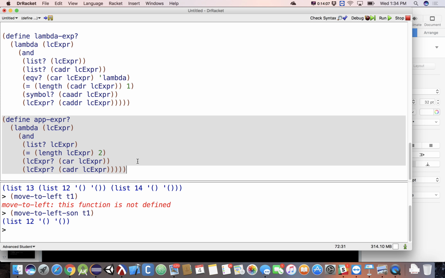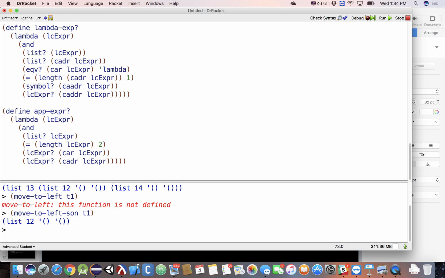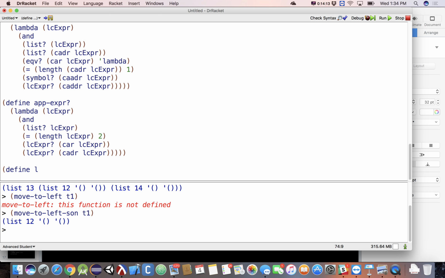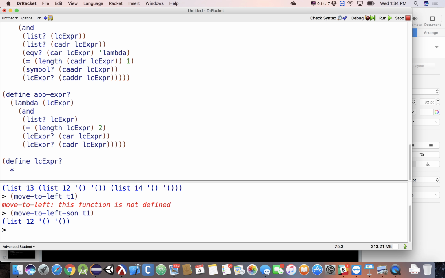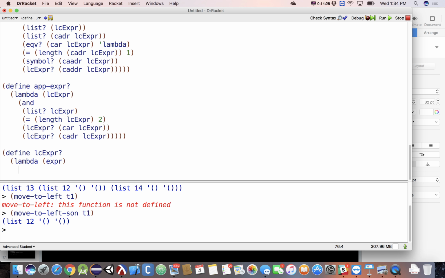All right, then what's our predicate for Elsi expression? This guy's a lambda. That's going to take in some expression, and we want to know whether it's an Elsi expression. How do I know something is an Elsi expression? Yeah, if it's any of those, right? What did I call the first one?